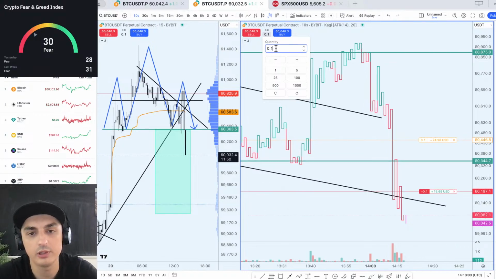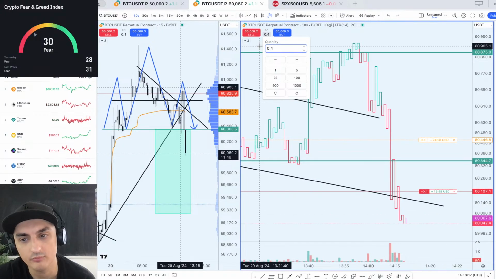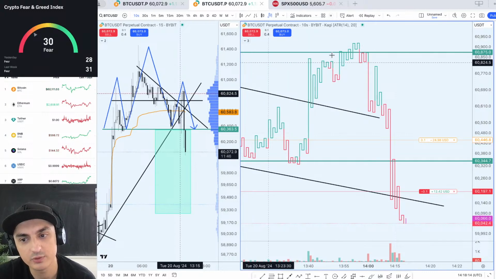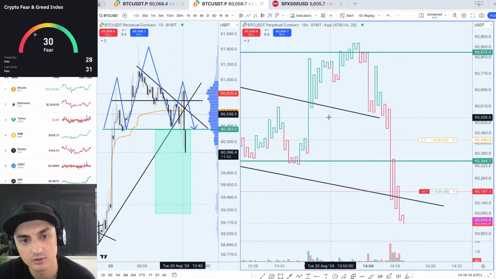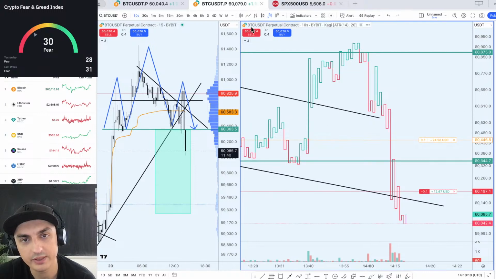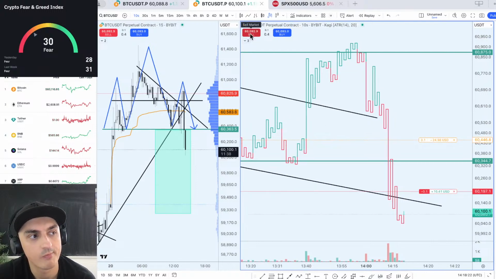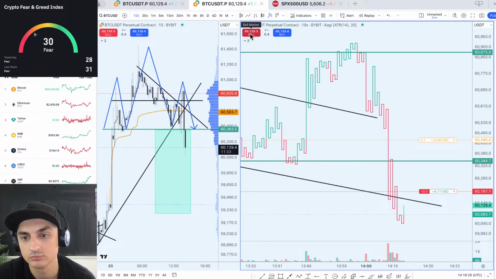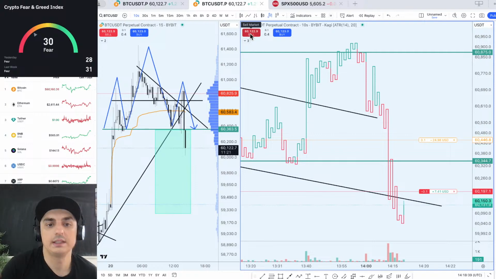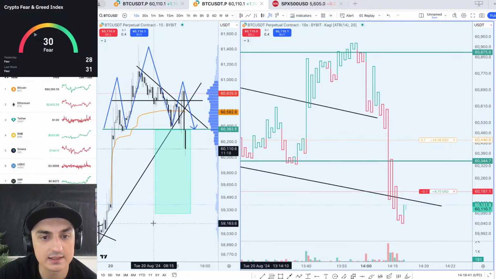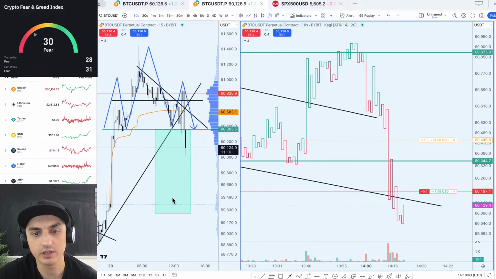I'm going to probably increase on this one. Let's see if we could break through 60s. That is interesting. Let's see if we can get below 60s. That is an interesting area.